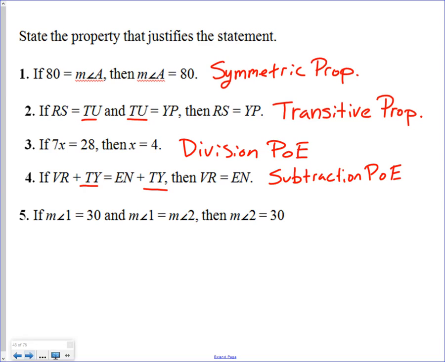If the measure of angle 1 is 30 and the measure of angle 1 equals the measure of angle 2, then the measure of angle 2 is 30. Yes? Transitive. I am okay with transitive.